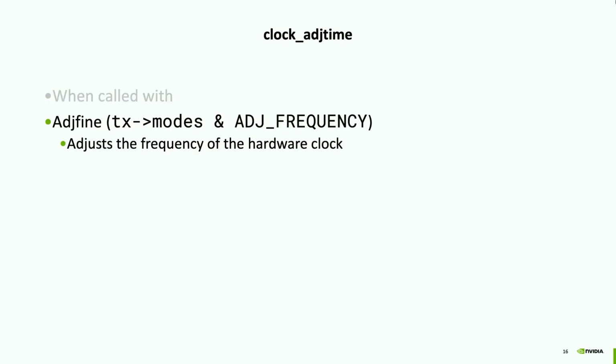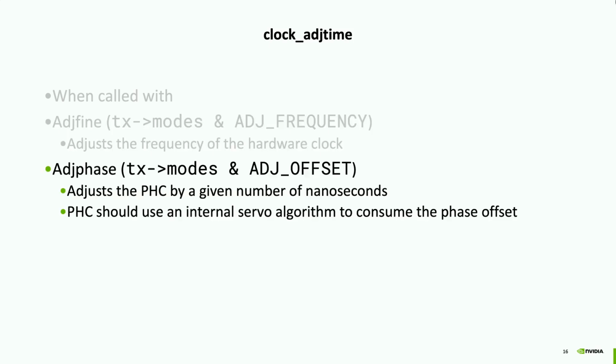When this function is called with the adjust frequency flag, then it will adjust the frequency of the hardware clock. So we need to change the rate at which your clock ticks to actually match whatever is passed in it. And if it's called with the adjust phase, this new functionality, then it will adjust the PHC by a given number of nanoseconds.